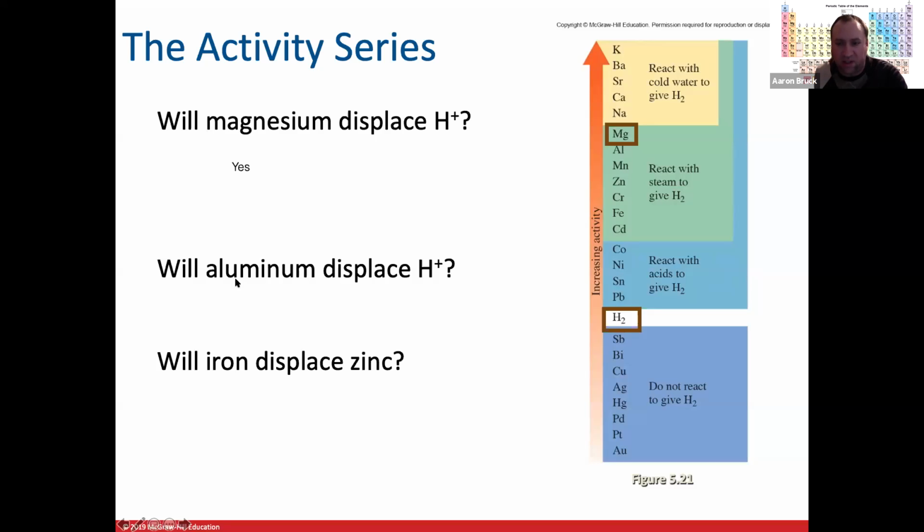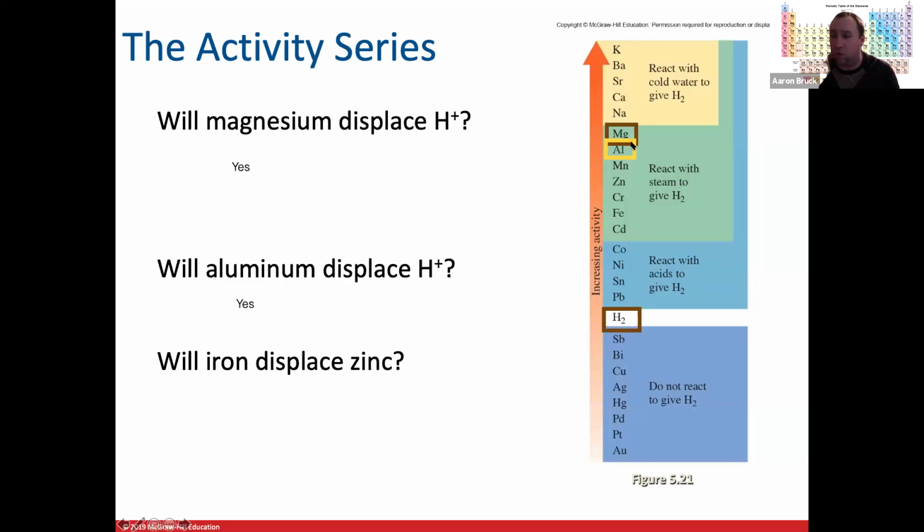Will aluminum replace hydrogen? Again, we got to look at where aluminum is. I can see that aluminum is right here below magnesium. And so yes, it too is higher than hydrogen. It is going to replace the hydrogen. But will aluminum replace magnesium?